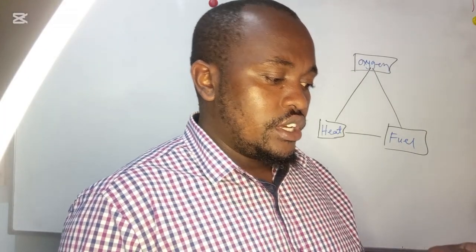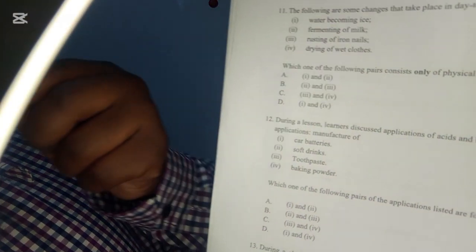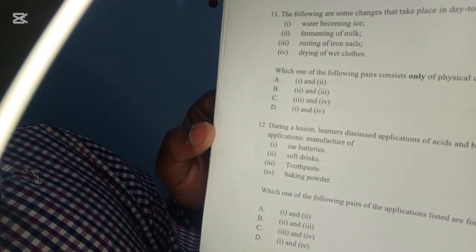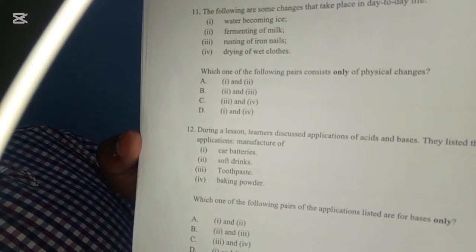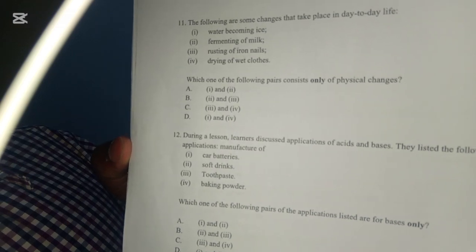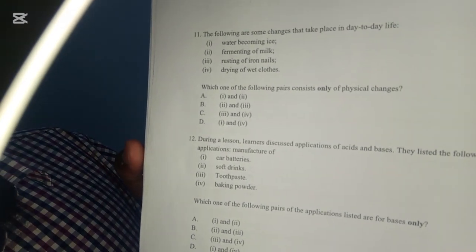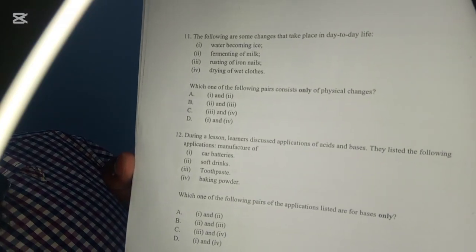Question 12. During a lesson, learners discussed applications of acids and bases. They listed the following applications: manufacture of car batteries, making of soft drinks, toothpaste, and making also of baking powder.